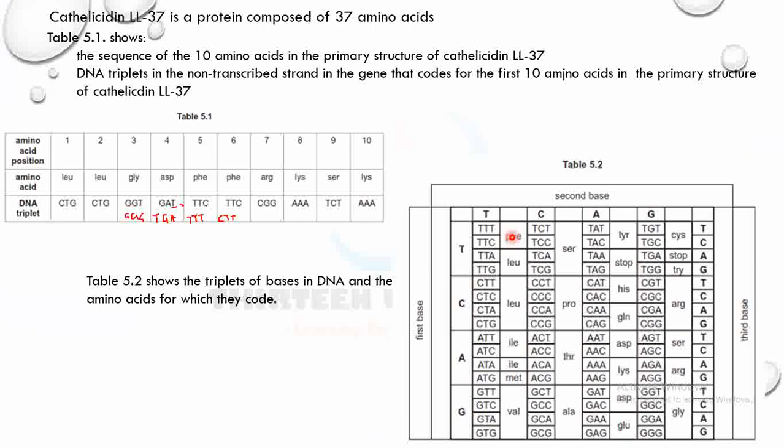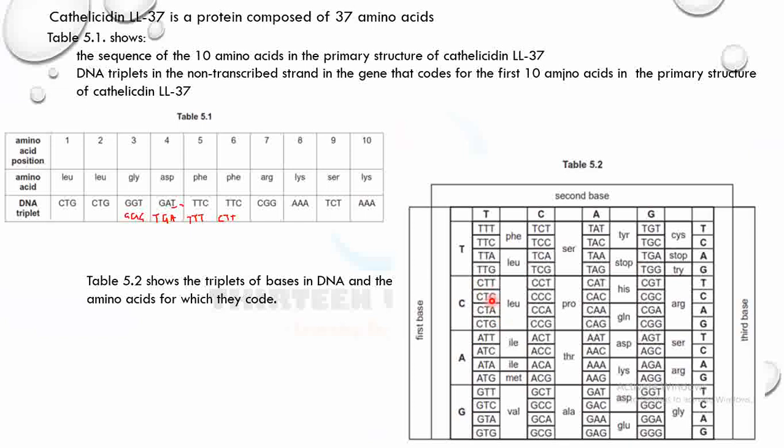an amino acid can be coded by more than one base triplet. Look at phenylalanine, more than one base triplet. Look at leucine, the same amino acid coded by 4 base triplets. So if there was a mutation and we change this to this, what happens is that the same amino acid is coded. Do you get it?